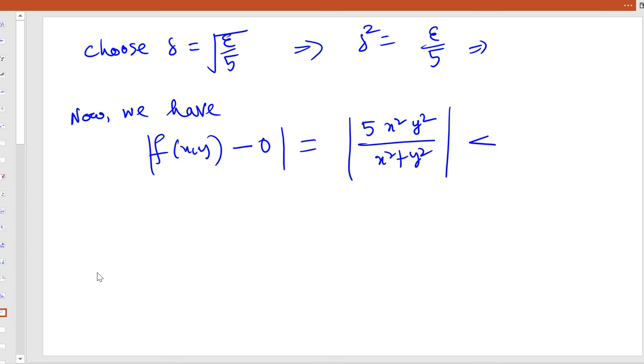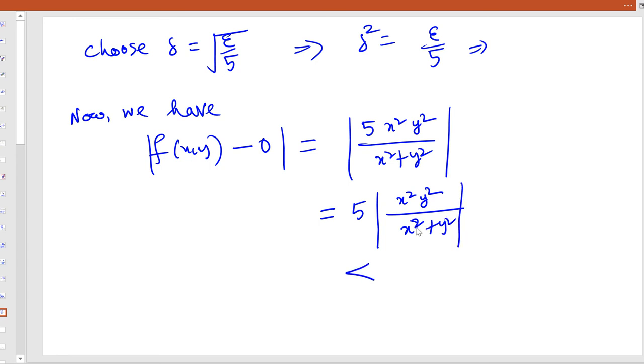So from here, in fact, you can write it in this way: 5 can be taken out, and x square y square divided by x square plus y square.